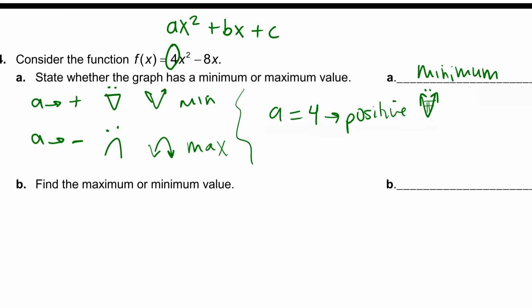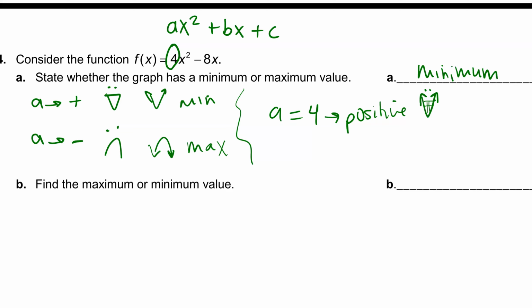That tells me you understand how to instantly find min or max. You just look at the a and understand a positive a means it's facing up, which means you have a minimum. The big thing is, don't just write a word and not show work, because that doesn't tell me you know what you're doing. It could be a lucky guess. I want to know you know.